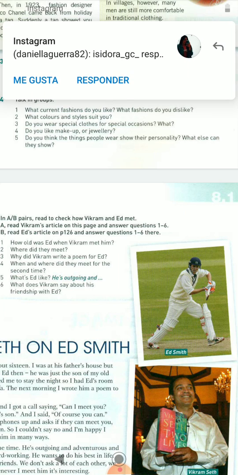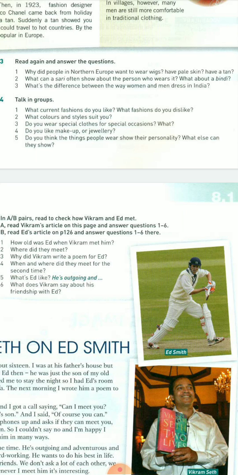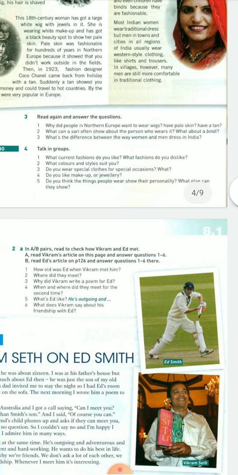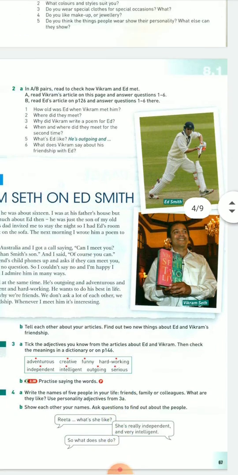Do you wear special clothes for special occasions? Do you like makeup? Makeup is what you put on your face. Or jewelry? Do you think the things people wear show their personality? What else can they show? Interesting. So that is going to be for our forum.